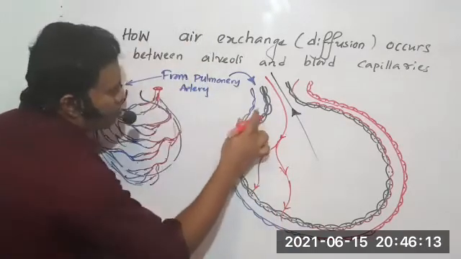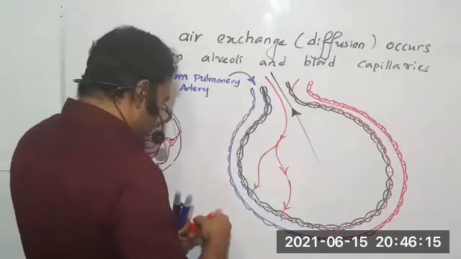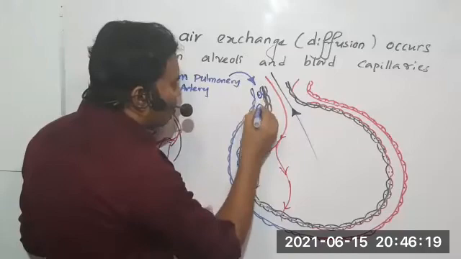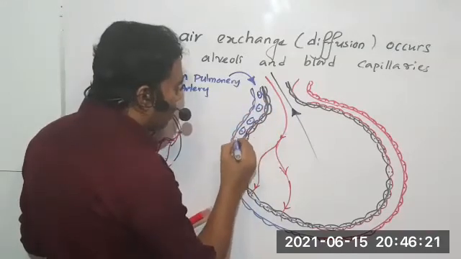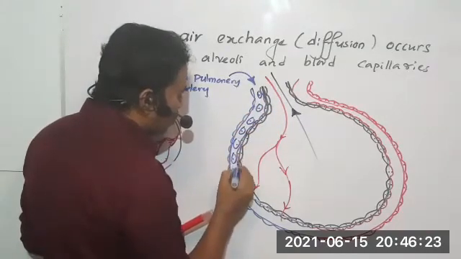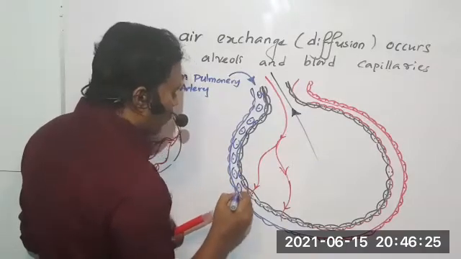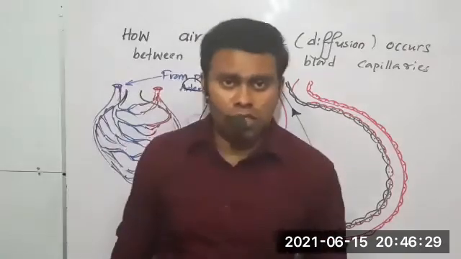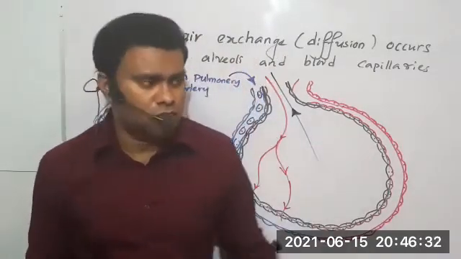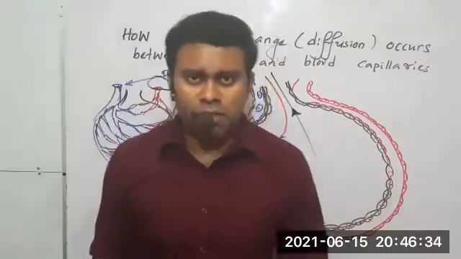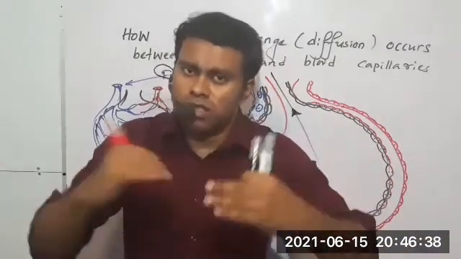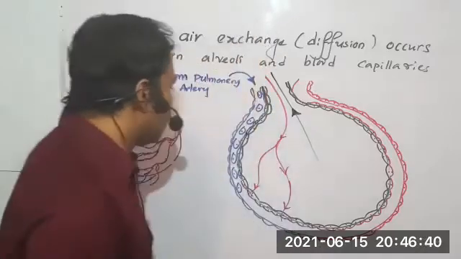So this blood is in absence of oxygen. We call that deoxygenated blood. Actually, oxygen is added to the erythrocytes, to the hemoglobin part, the hemoglobin protein of these erythrocytes. Then what happens in the process of oxygenation? Hemoglobin is oxygenated.